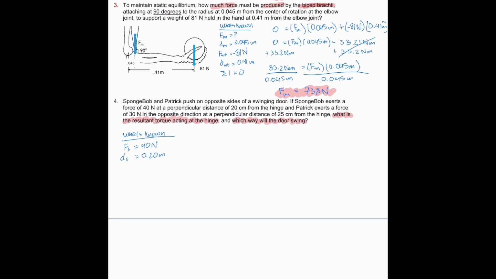Now, what's Patrick's force? Patrick's force, I believe, was 30. And then the distance from the hinge for him was 25 centimeters. If we convert that to meters, that would be 0.25 meters.